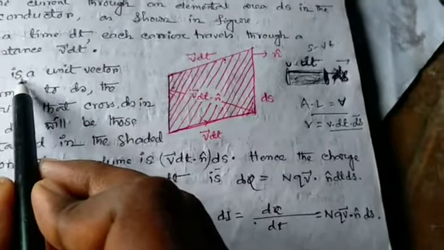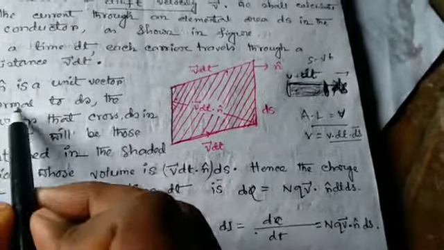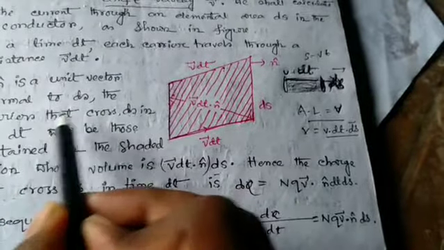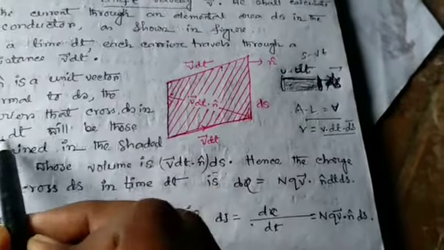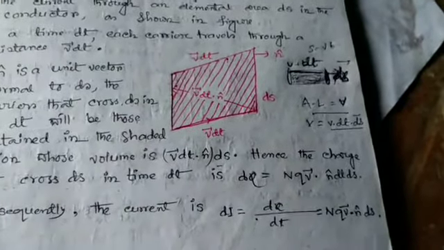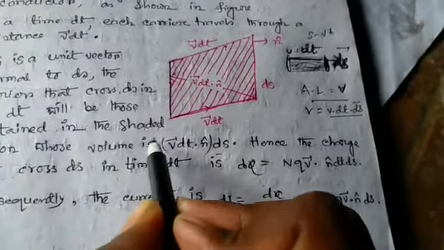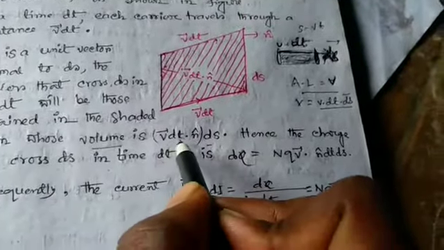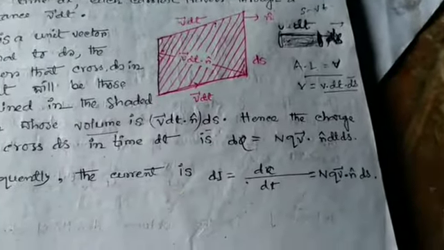If n cap is a unit vector normal to ds, the carriers that cross as shown in time dt will be those contained in the shaded region whose volume is v dt into n cap ds.